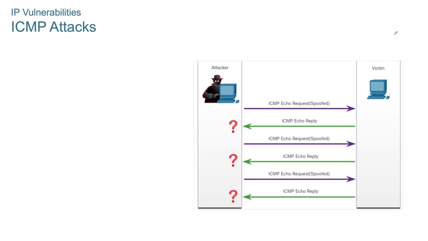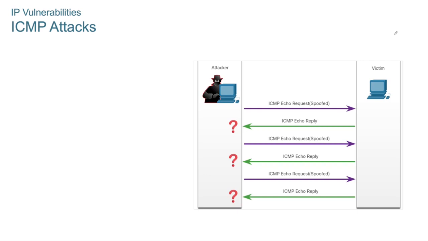ICMP was developed to carry diagnostic messages and to report error conditions when routers, hosts, and ports are unavailable. These ICMP messages are generated by devices in the network when a network error or outage occurs.